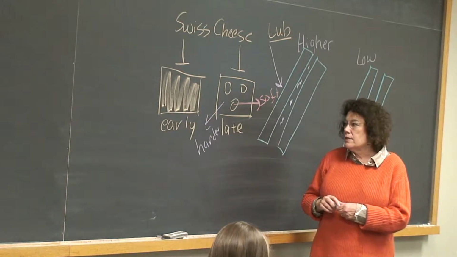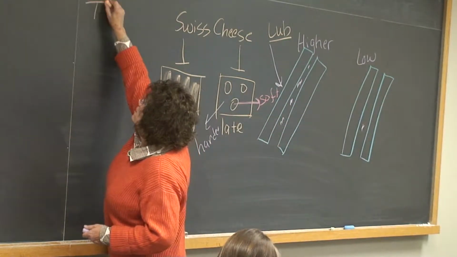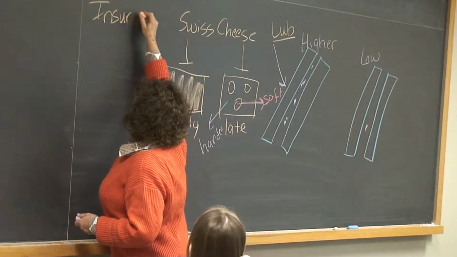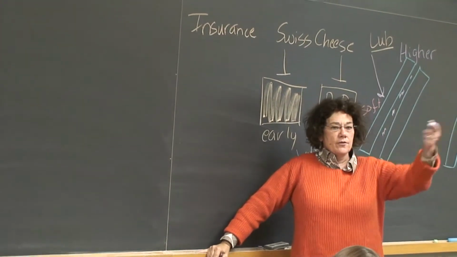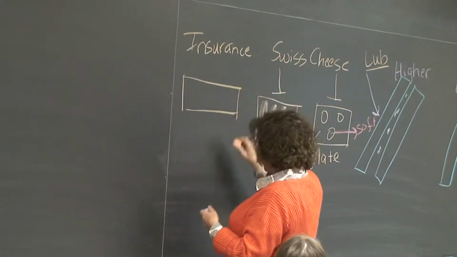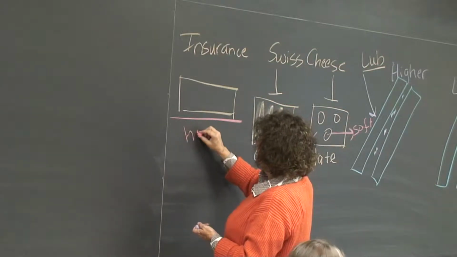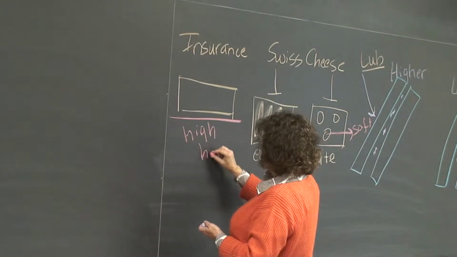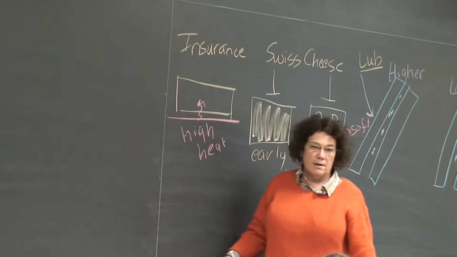The third theory is the insurance theory. And for insurance, as we cook meat, heat transfers in the meat. So if I have a steak and I put it on high heat, like a grill, the heat's going to go up into the meat.